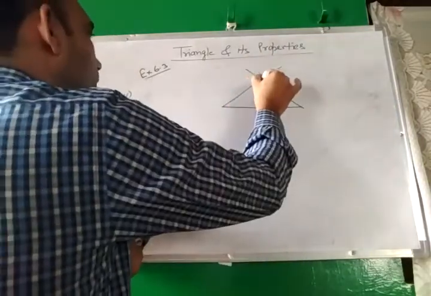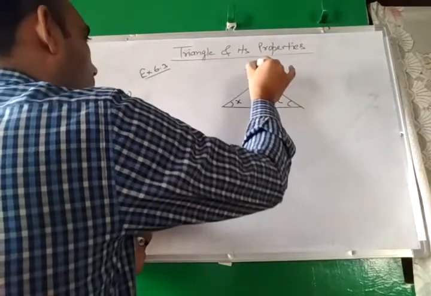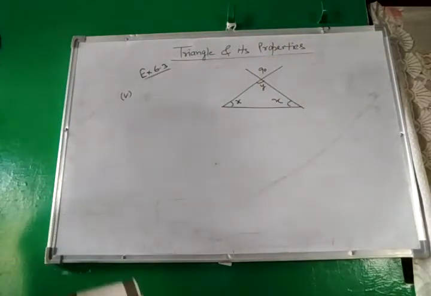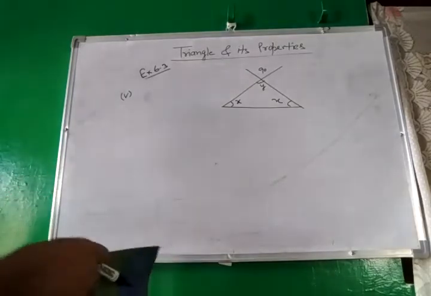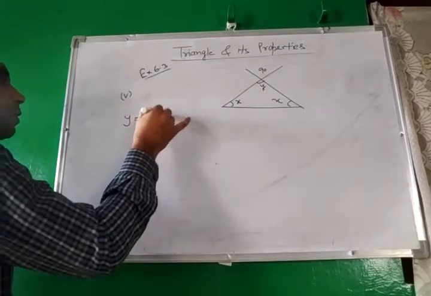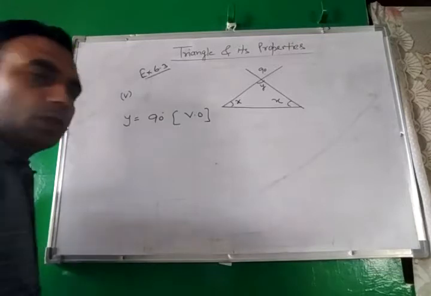This is y, this is x, this is x, and this is 90 degrees. So first y is directly 90 degrees by the property of vertically opposite angles. Which property? Vertically opposite angles.